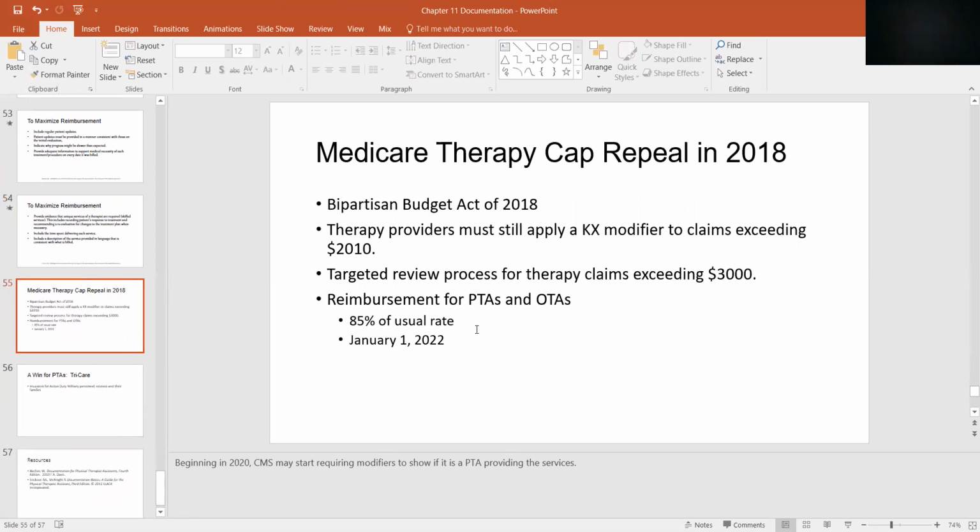What that did was place a cap on outpatient occupational therapy services and outpatient physical therapy and speech therapy services combined. The reason they combined speech and PT was because of a grammatical error. Anyway, there was a cap on what Medicare beneficiaries could receive in outpatient clinics.